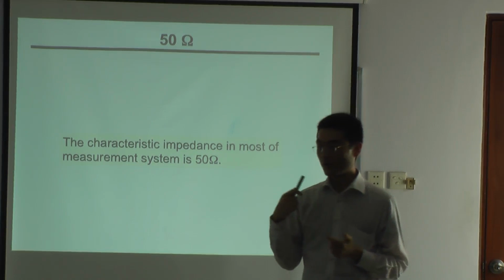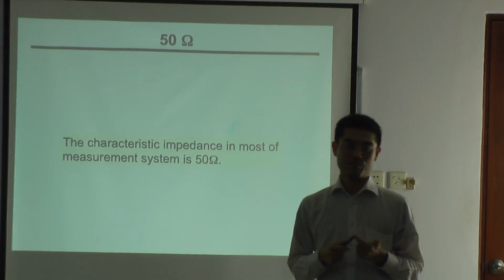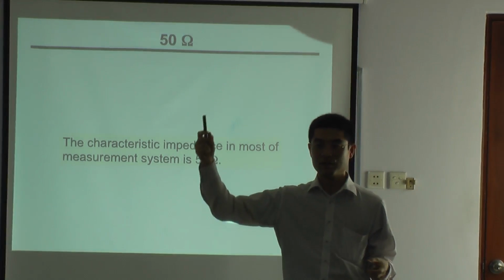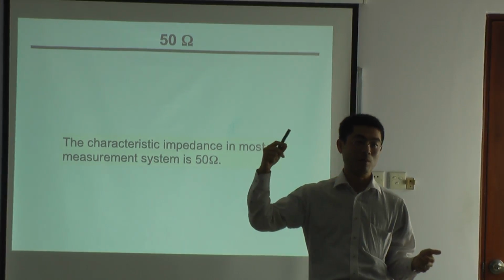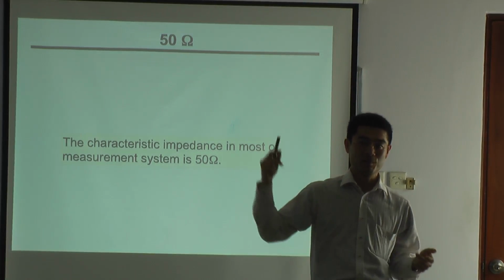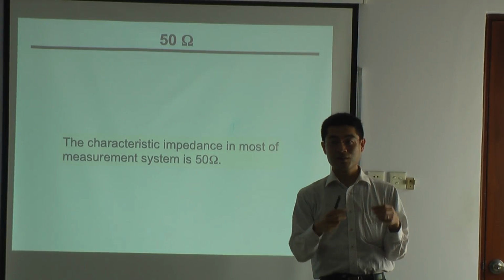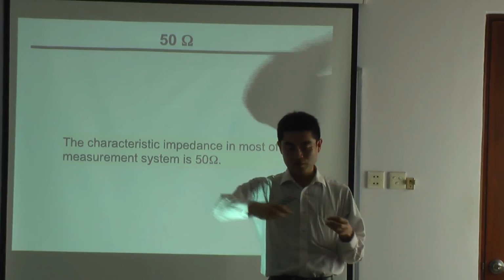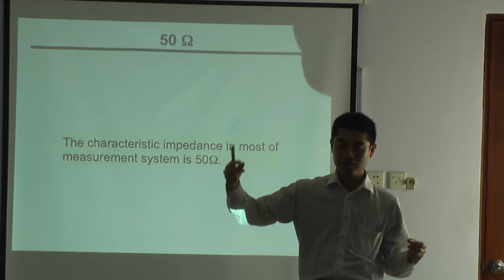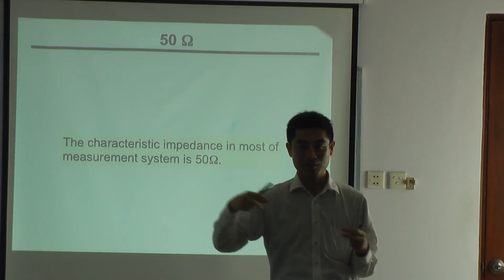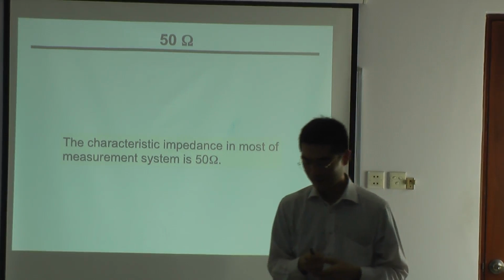For example, for television antennas, we use 75 ohms characteristic impedance. So for an analog TV set, we put wires whose characteristic impedance is 75.